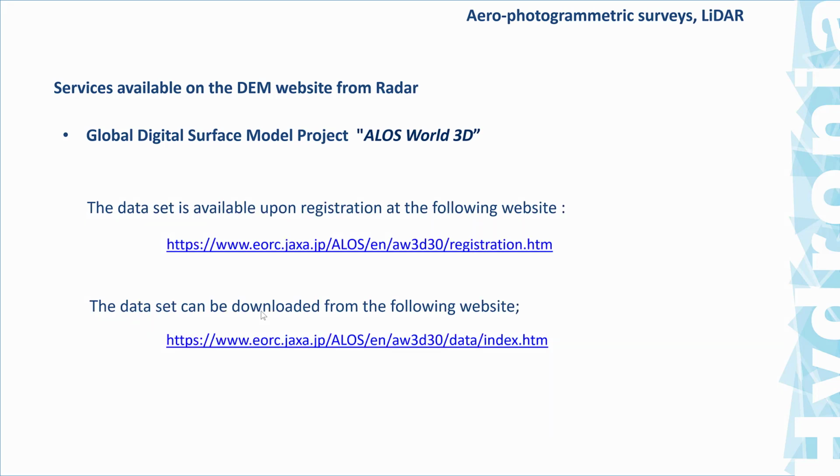Now, how do you get this data? Well, you can obtain this information using the links that I point to here, and there are databases at these locations where you can download the data for different areas.